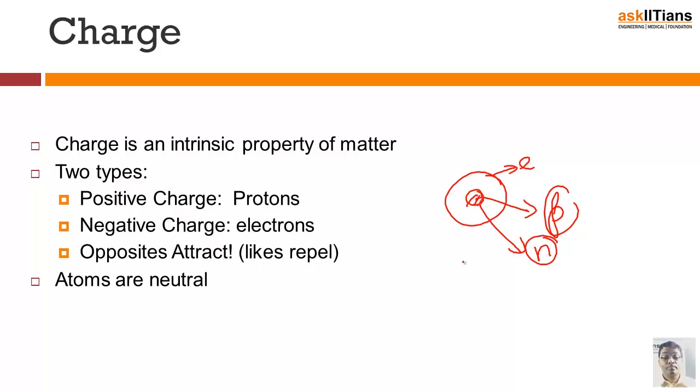That means when we say that opposite charges attract and like charges repel, in this small region of space the protons should be repelling each other. But we know that the atoms are stable and the nucleus is a very small integral part of the atom. So what keeps the protons intact in such a small region of space?